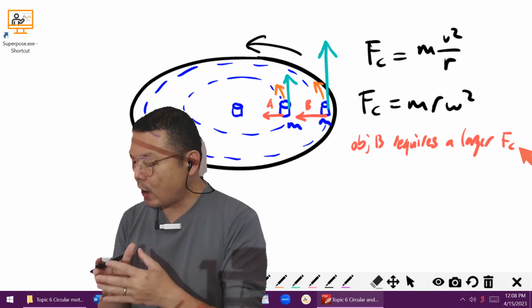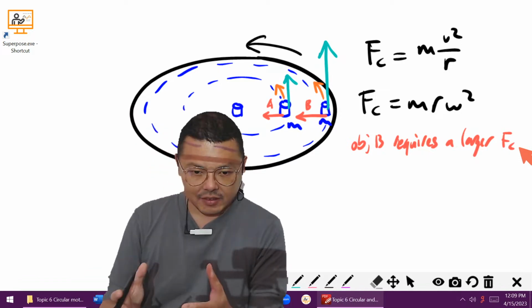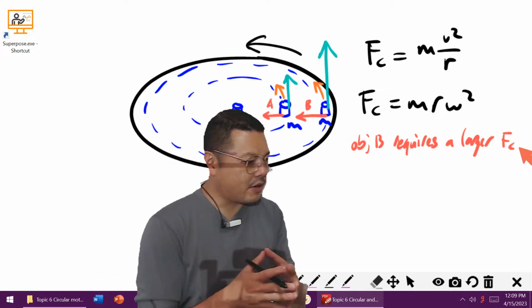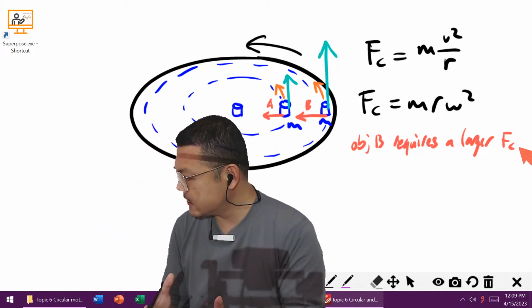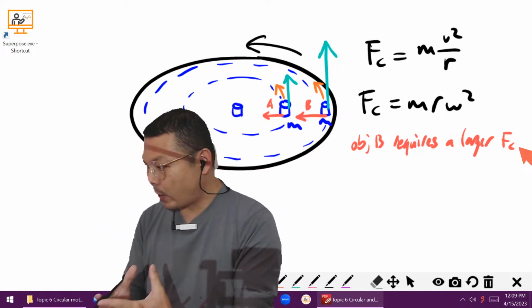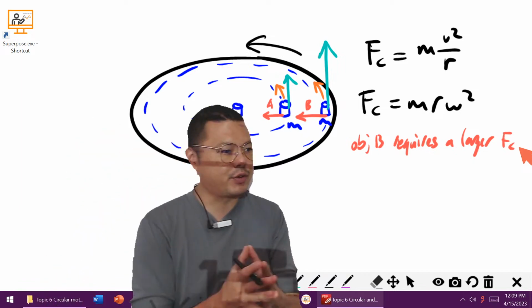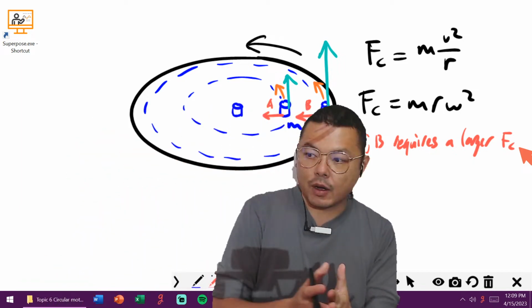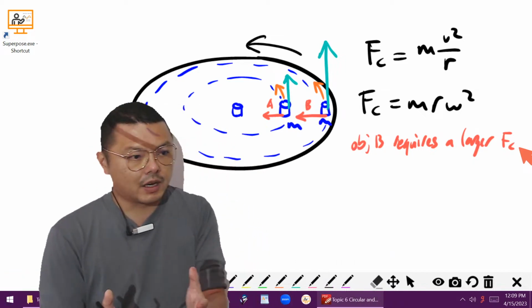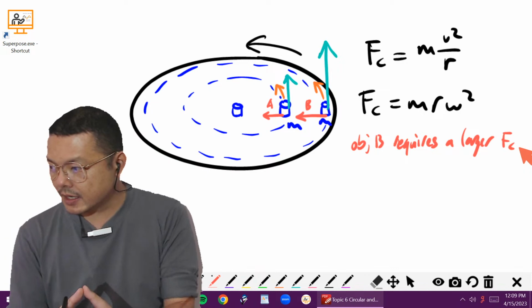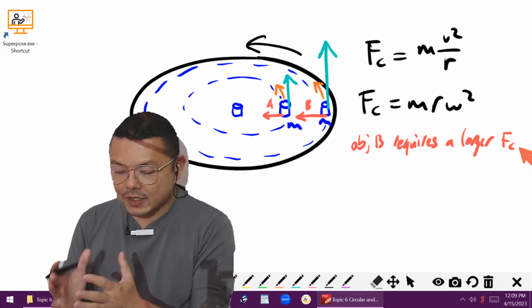I don't say that object B has, or is given. It's not given. It requires a larger centripetal force. And why does it require a larger centripetal force? Because it's further away from the center. You understand this?